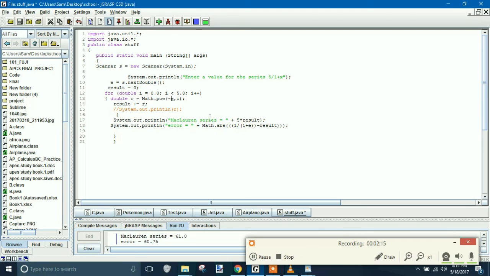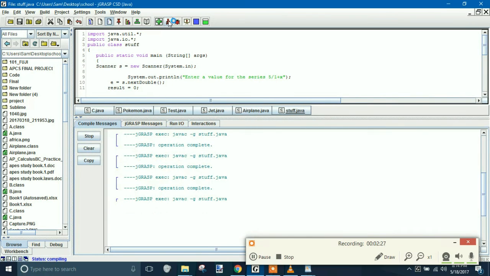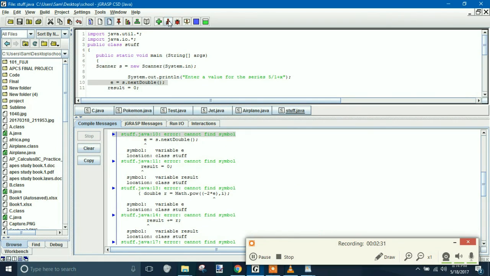So we're going to just put 2 here and multiply it by x, and we're going to put it in its own parentheses just to be safe. And that should be all we need. So actually, let's see how it runs. We're going to run the program and watch the whole thing crash. All right, wait one moment.